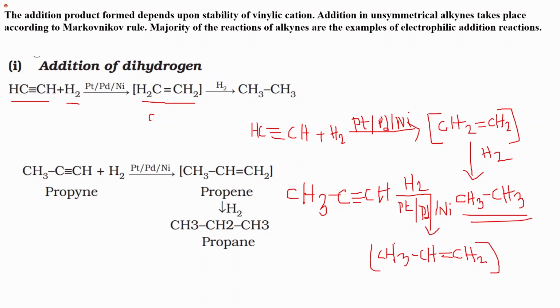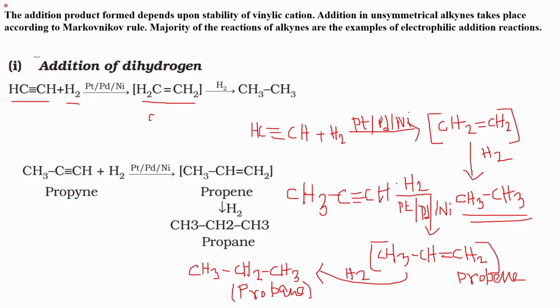This is called propene. Now in the presence of more hydrogen, what you are getting is CH3 CH2 CH3, which is the propane molecule. Because one hydrogen goes here and here, then you get the double bond. The moment another hydrogen molecule comes, this double bond also gets reduced to the propane molecule.